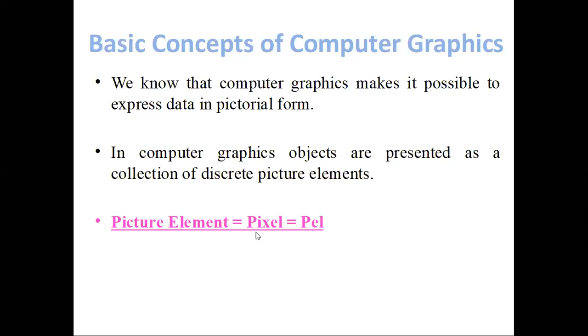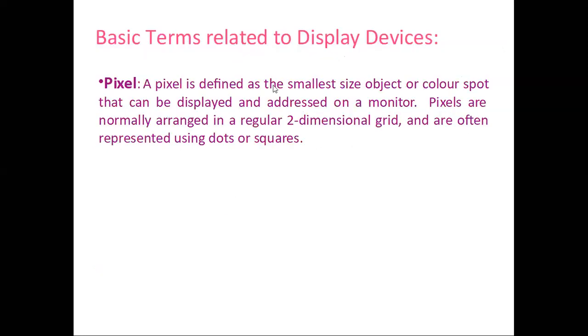So what is that pixel? Pixel is the picture element, also called the PEL. It is the smallest addressable element on the screen. It is defined as the smallest size object or color spot which can be displayed and addressed on a monitor. Those pixels are normally arranged in a regular 2-dimensional grid and are often represented using dots or squares.